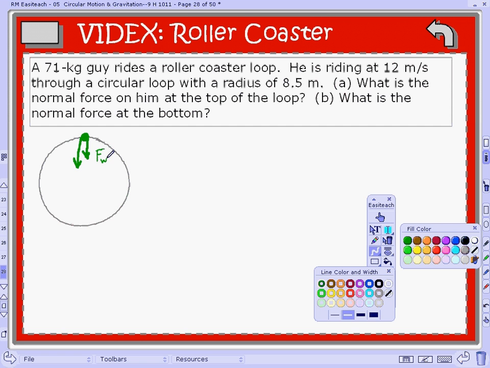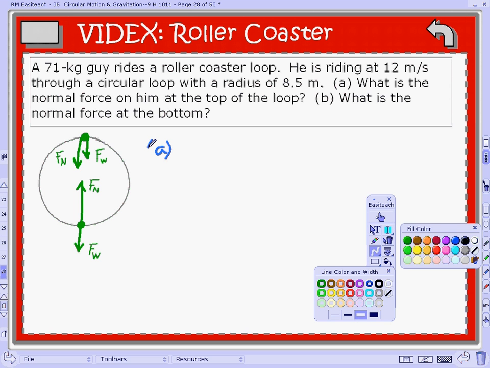I'm going to label this Fn for force normal. I don't know which is greater, I'm not really concerned at the top. Now at the bottom I know that the normal force is greater than the weight. Again, these are normal forces because they're being supplied by the surface of the track, as opposed to the case of the rubber stopper where it was tension that was acting on it.